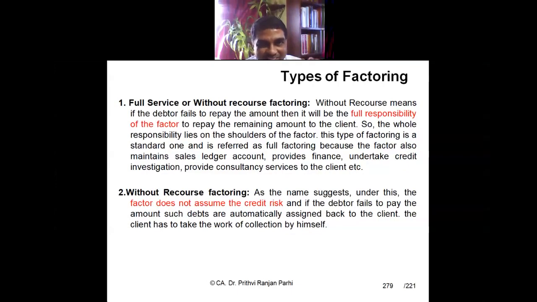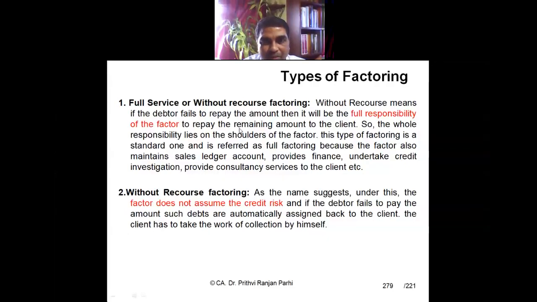Yes, it's right. So there is a printing mistake here, a typographic error. As I told you from the very beginning, when the factor assumes full responsibility, that is called without recourse factoring. So in the first case it's the full responsibility, that is without recourse factoring.